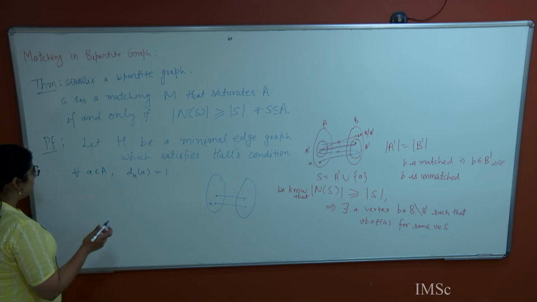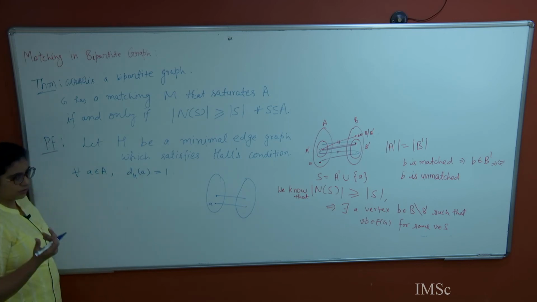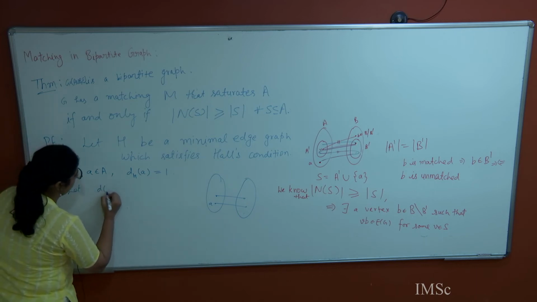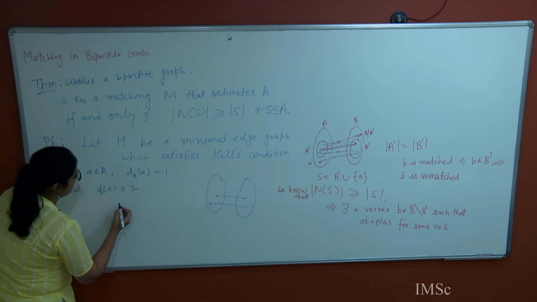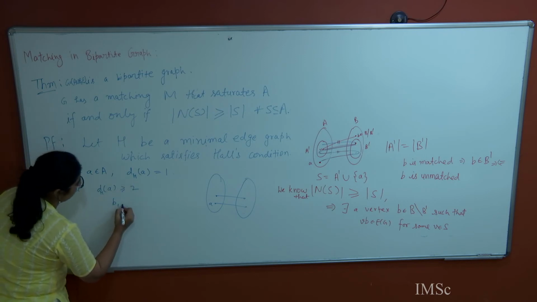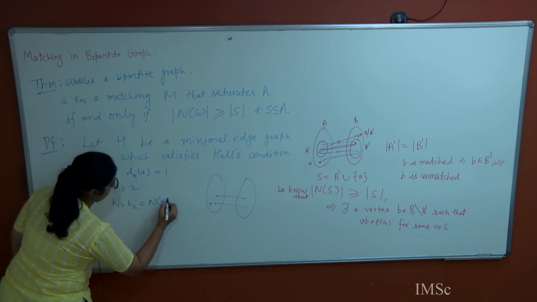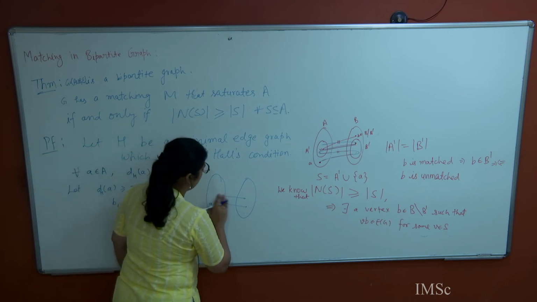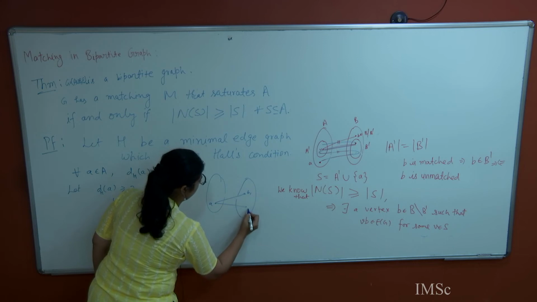If we are able to prove this, then we are done. Okay. So, let us see what happens if the degree of A is not 1. So, let the degree of A in H be at least 2, and we pick the neighbors of A in H. Suppose A has two neighbors, B1 and B2.